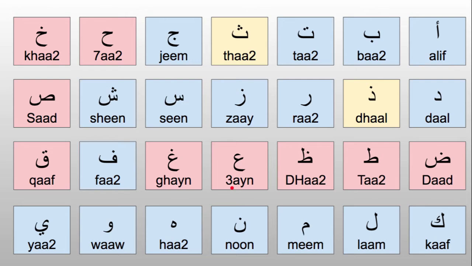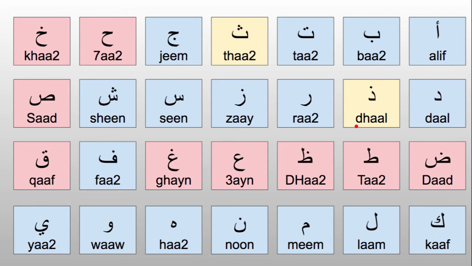In addition, some of the sounds do not have an equivalent letter in English. For example, the sound th does not have a one-letter equivalent in English, so we use th as in the word three in English. And the same for the sound dh, although it is also represented in English by th.